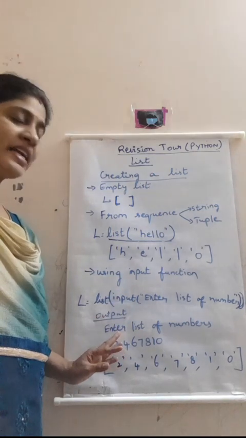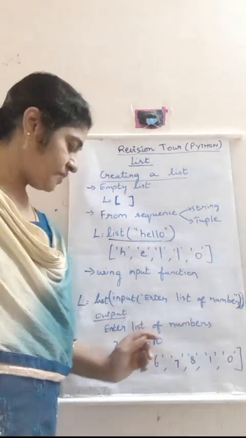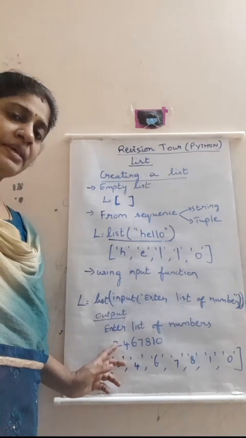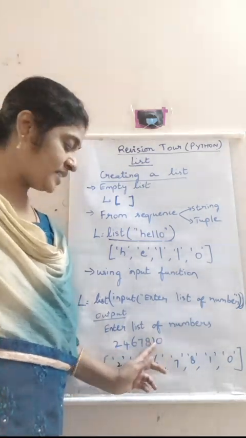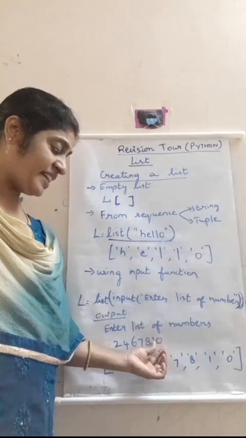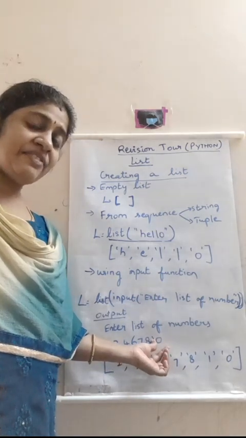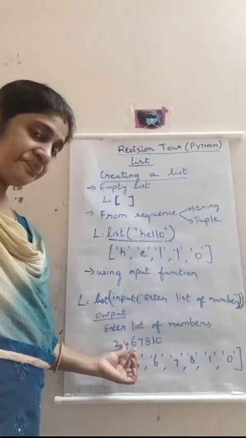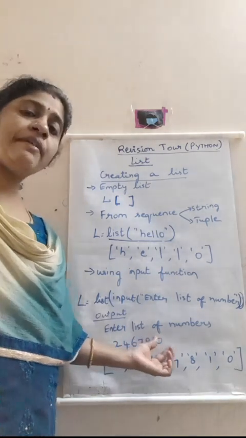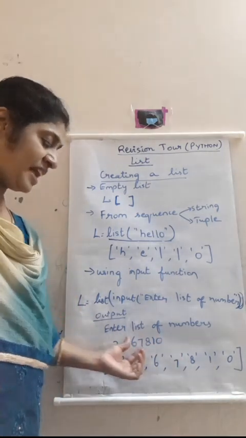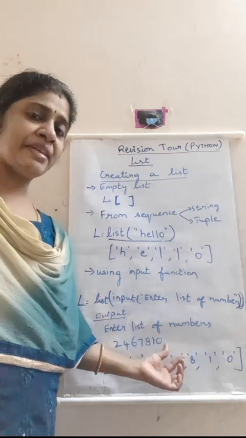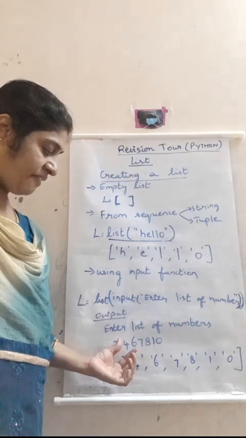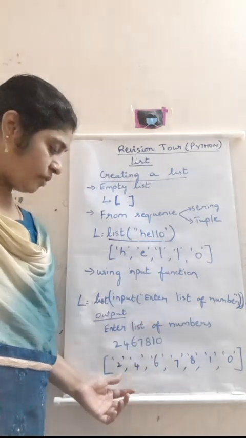The output will be displayed as: enter list of numbers, and if the user enters numbers like 2, 4, 6, 7, 8, 10, it will consider each and every value as an element and convert every value into an element of the list.